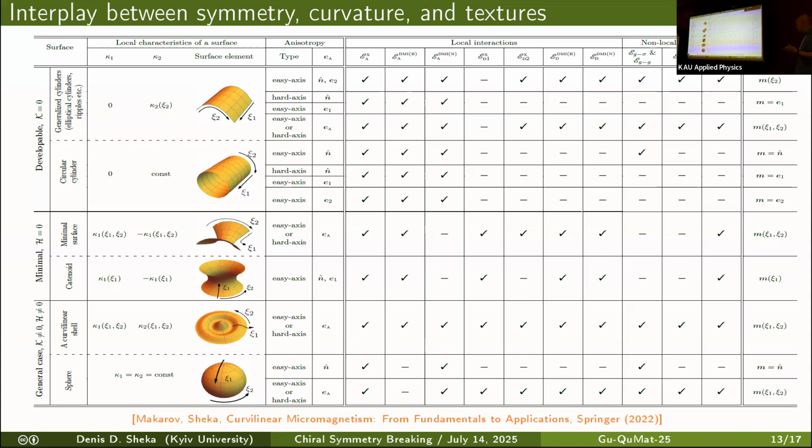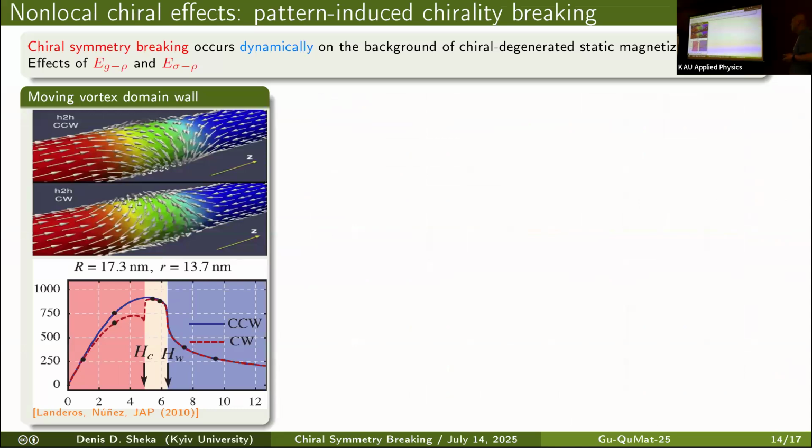And finally, we found the combinations in which non-local magnetostatics can work, and in what geometries it can produce some interesting non-local effects. And now I would like to mention some of these effects.